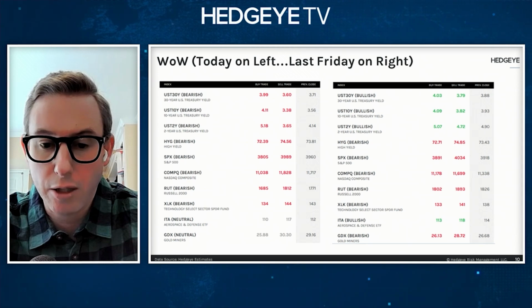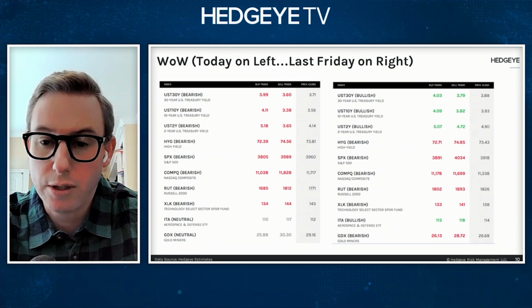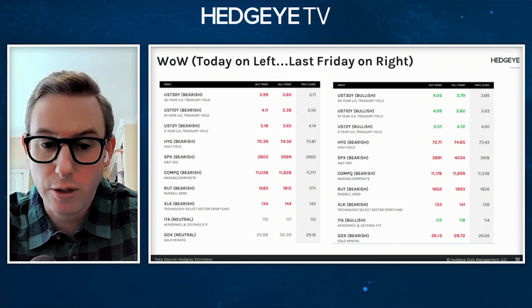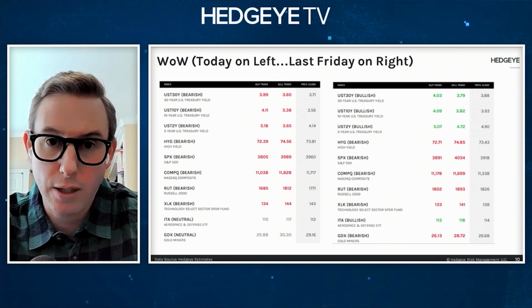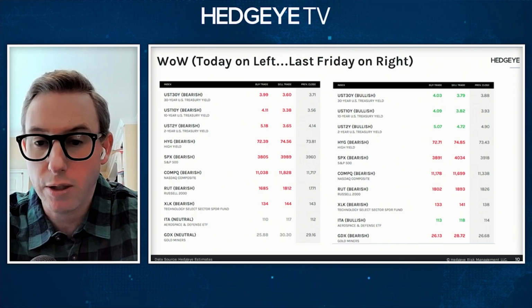Similarly, down at the bottom, you can see ITA has moved to neutral trend today versus a week ago, and conversely, GDX has picked up some signal strength as it moved to neutral from bearish a week ago. The interesting thing with the GDX number is a relative correlation to the volatility environment we are experiencing.